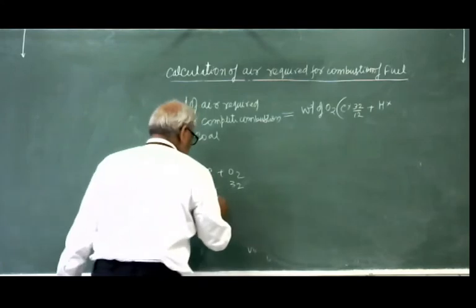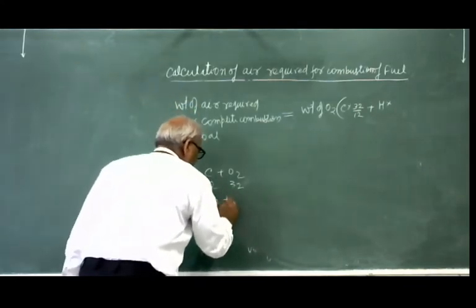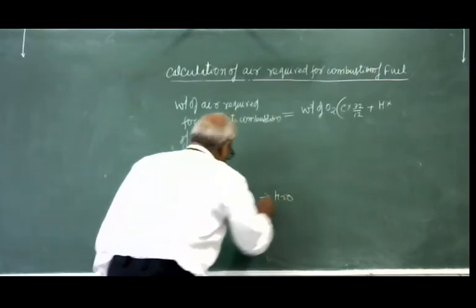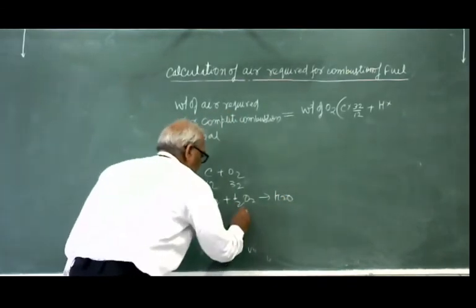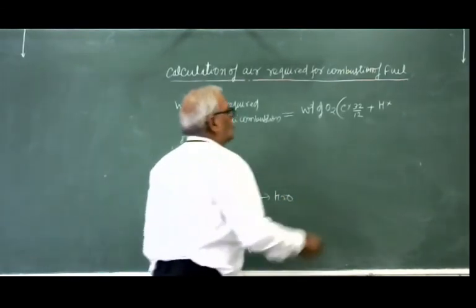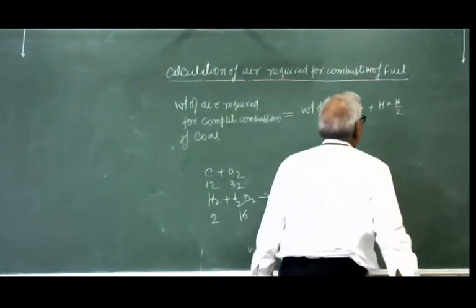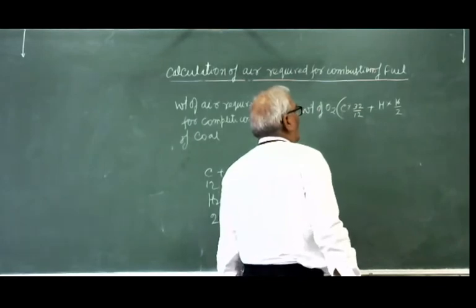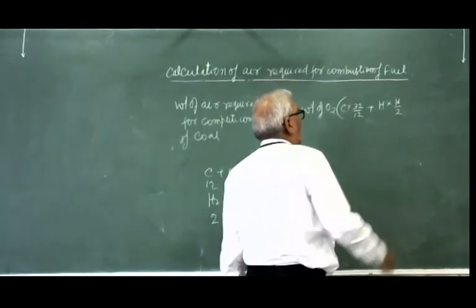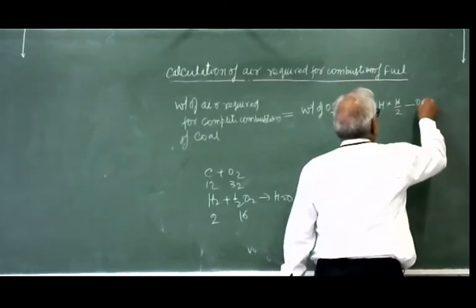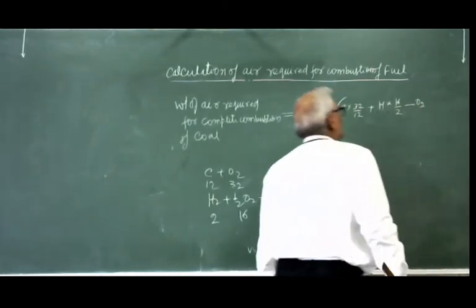Just see here, hydrogen plus half O2 gives H2O, and this is the 2, and this is the 16. So here you can write 16 by 2, minus O2.